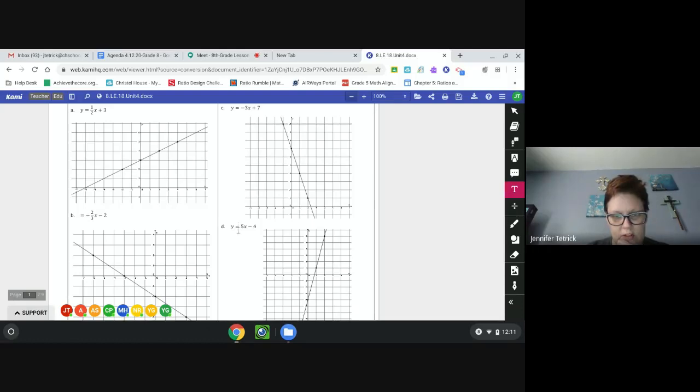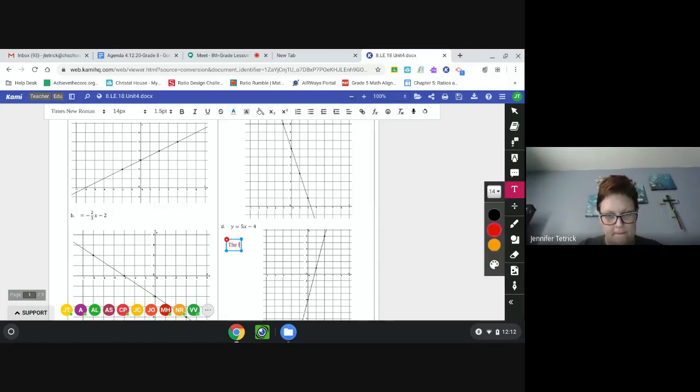And what is the relationship to the slope? And remember, you guys can be typing on this as well while I'm also typing on it. So we all can be working on it at once.